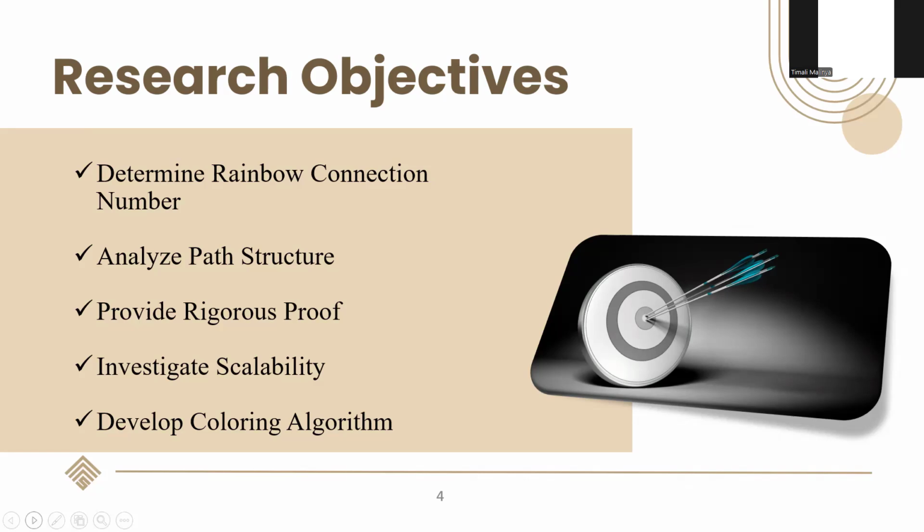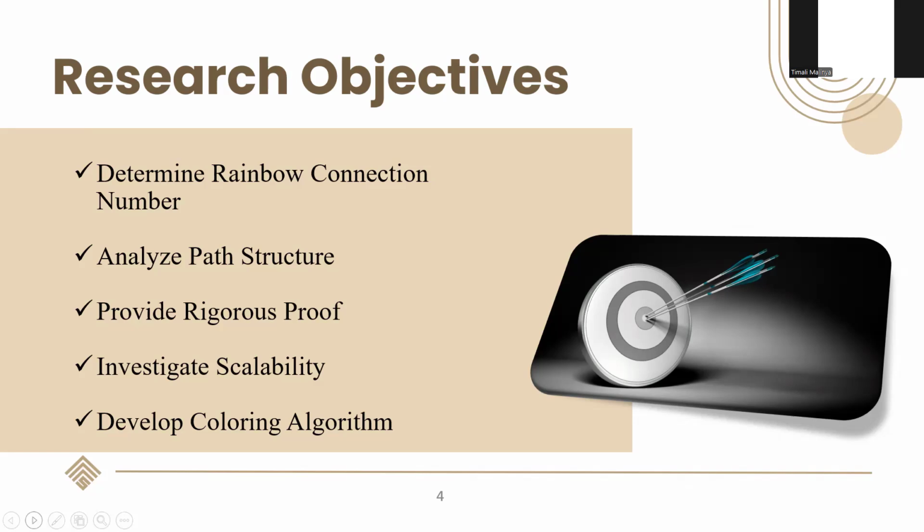Let's move on to research objectives. My research has 5 clear objectives. First, to determine the rainbow connection number of k-petal flower graphs. Second, to analyze the path structure within these graphs to understand how paths traverse through petals and the central vertex.